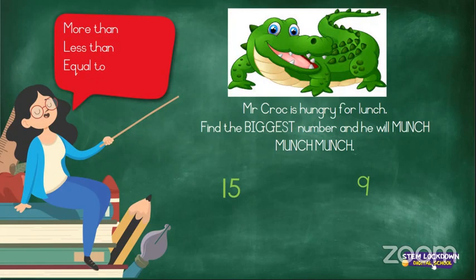Which number is Mr. Croc going to eat, boys and girls? Who knows which number Mr. Croc is going to eat? Isabella? Yes. Which number is Mr. Croc going to eat? 15. Why do you say that?